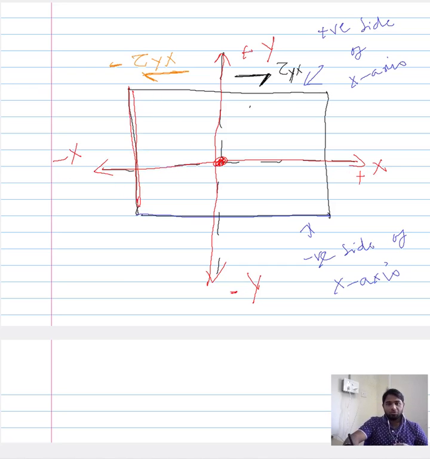And now you can have two directions of shear stresses acting on this plane. So one could be this direction, the other could be this direction.